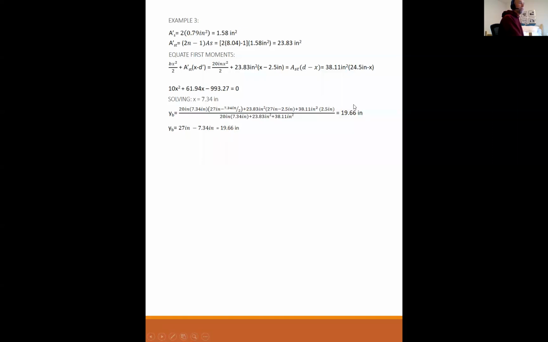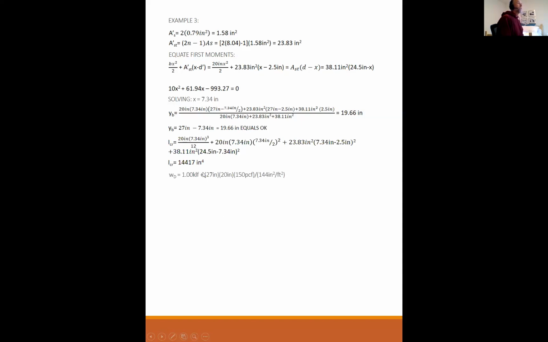These two should be the same. And so I find my cracked moment of inertia: b h cubed over 12 plus the parallel axis, which is b h times the distance to the neutral axis squared, plus the compression steel times the distance to the neutral axis squared, plus the tension steel times the distance to the neutral axis squared, 14,417 inches to the fourth.